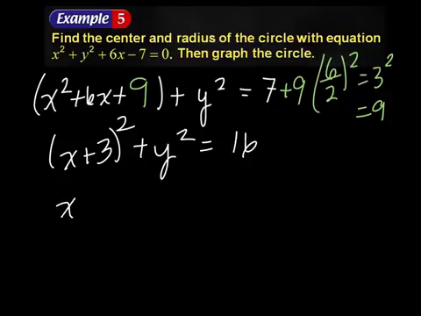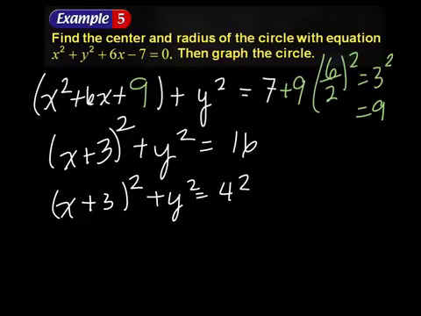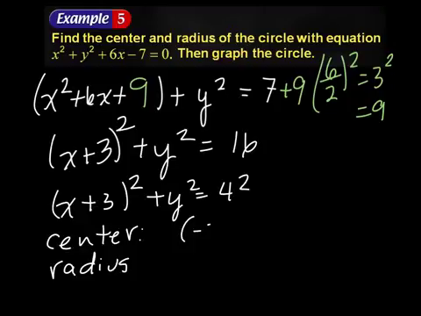And we could rewrite that one step more so we can easily see the radius. So we have a circle with center at -3, 0 and radius 4.